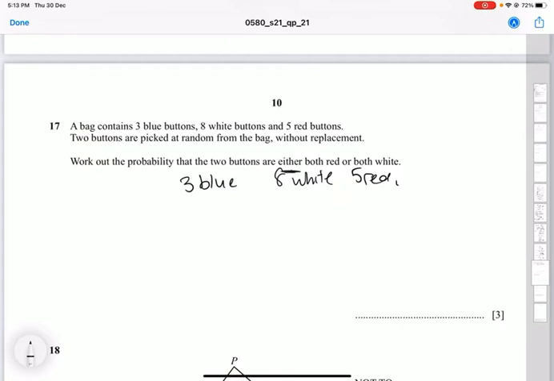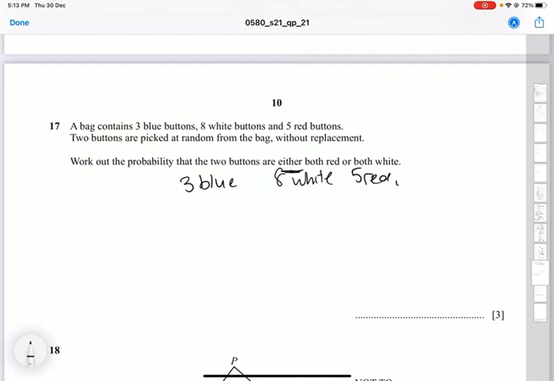So either is a condition here, so you can add the probabilities. So let's start with the first one first. It's not 'and'; the 2 buttons are not both red and both white. So you only pick 2 buttons.